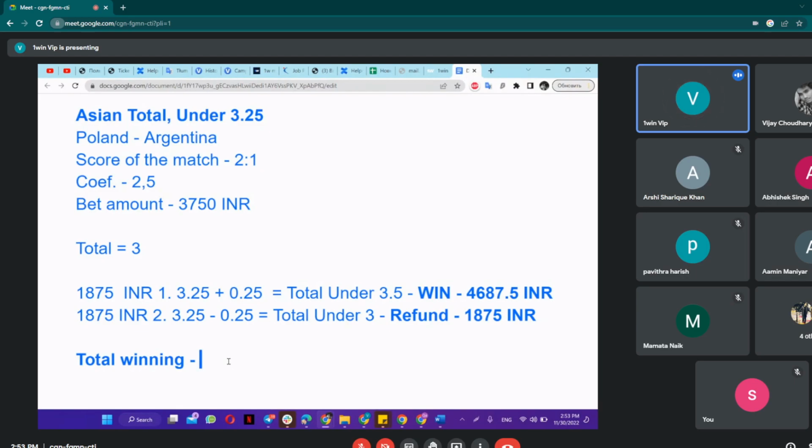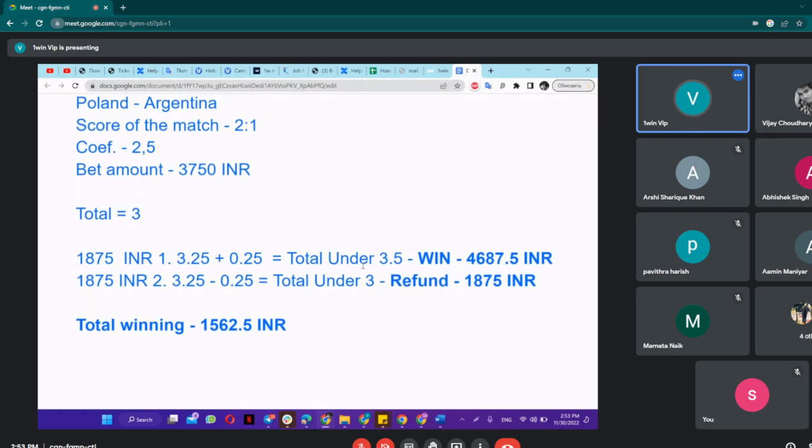Okay, so what was the issue for the one who made it incorrect? The issue was in understanding which one won, which one refunded, and which one lost. The condition is under. We bet that the total of the game will be under 3.5, less than 3.5.